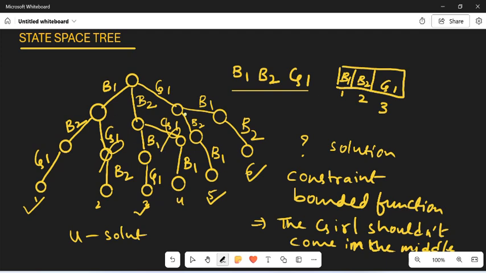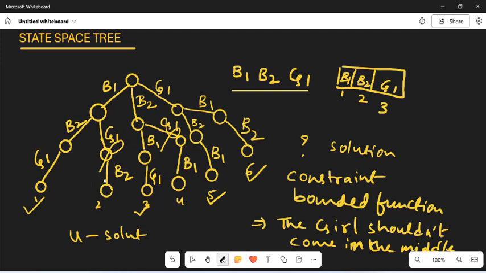Actually I have drawn the complete state space tree in order to make you understand how many possibilities we will get, how to check the constraint, and how to kill the process. But when you are constructing the state space tree, first you have to keep the constraint in mind, and then construct the tree. While you are building the state space tree, if any possibility does not satisfy the function, then you have to kill the process there itself.